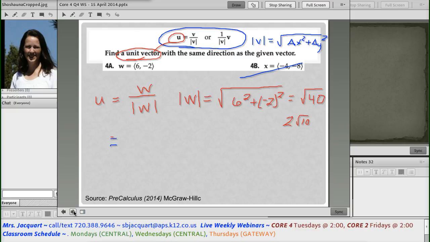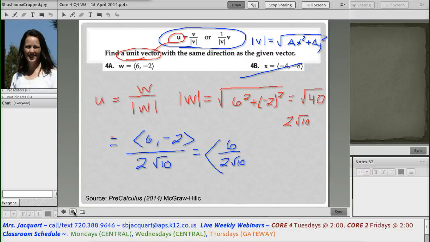So let's do another line in a different color. So this equals 6 comma negative 2 divided by 2 square root 10, which equals 6 over 2 square root 10 comma negative 2 over 2 square root 10. Rationalize the denominator and simplify, and I'm going to do that simultaneously.